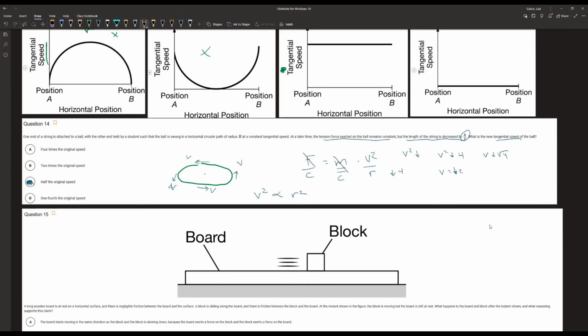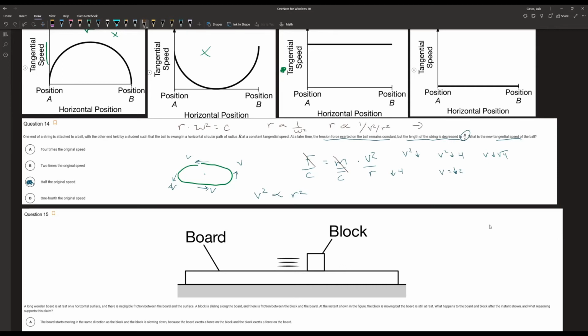We could try doing that, but we start getting, let's see here, equals constant. So we could say R is proportional to 1 over omega squared. And then omega is V over R, squared. So that becomes 1 divided by V squared over R squared.